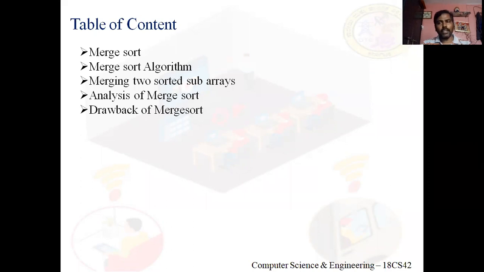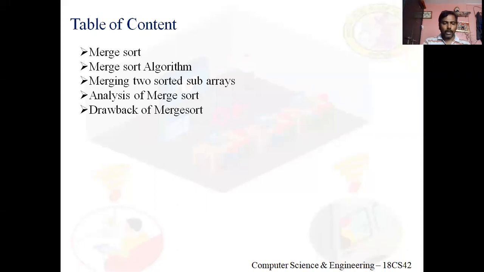After dividing the array into two subarrays, you check again whether the subarrays are of smaller instance or not. If a subarray is of smaller instance, I mean a subarray with one element, then I have a solution. Array with one element is always sorted, right? There are no more than one element. Only one element in an array means it is already sorted.